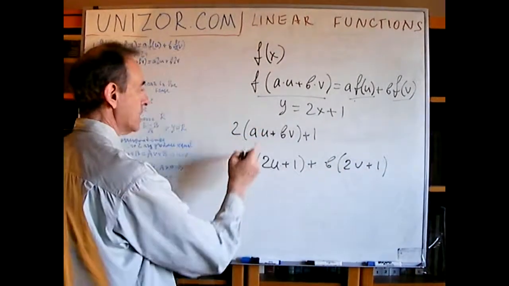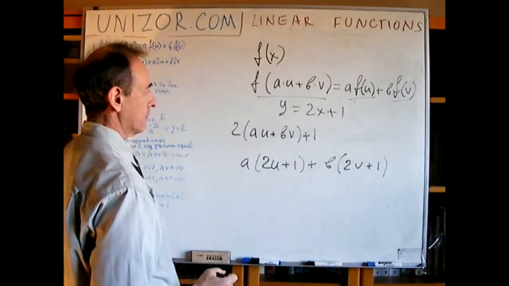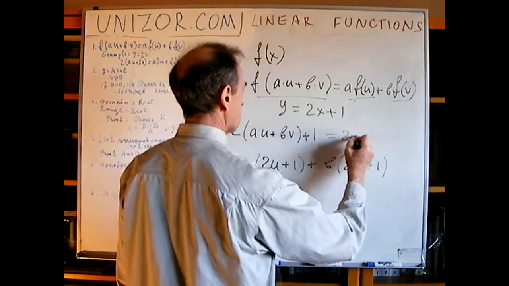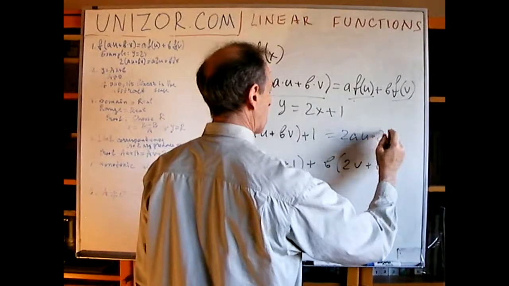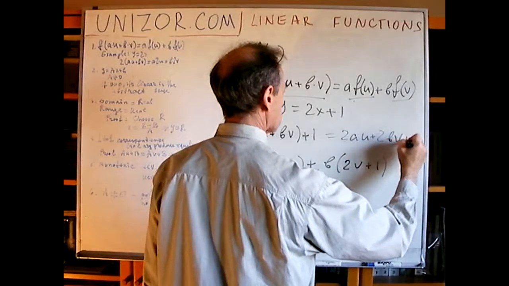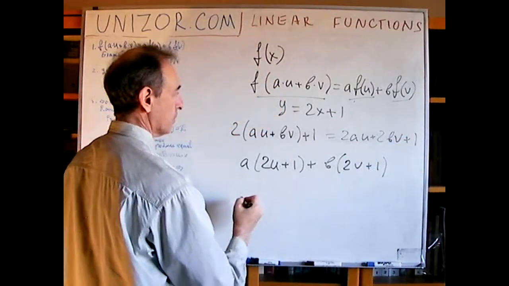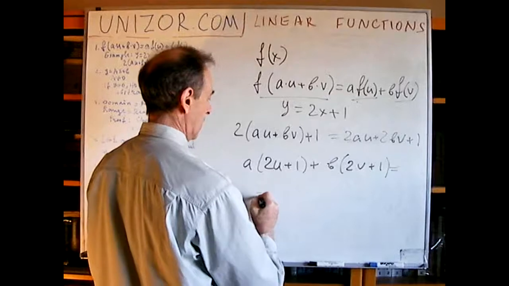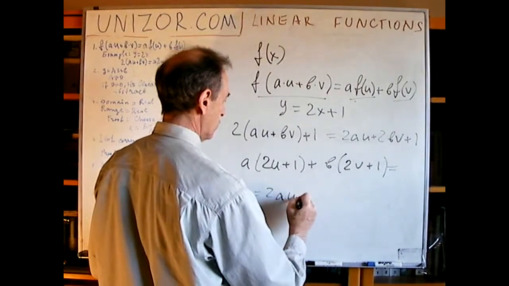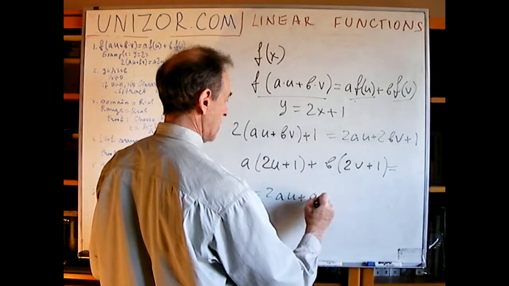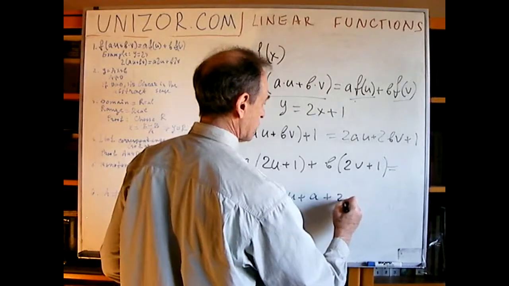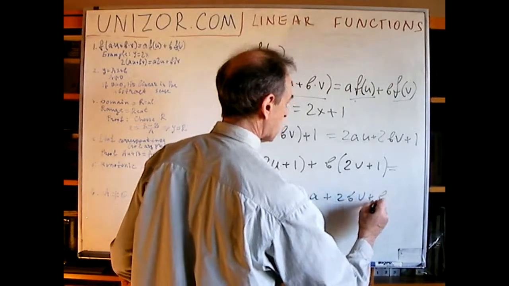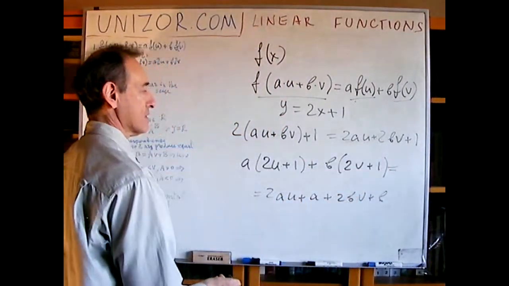Now, are these two equal to each other? Well, let's open the parentheses. Here, if we will open the parentheses, it will be 2au plus a plus 2bv plus b. Obviously, it's not exactly the same as this one.